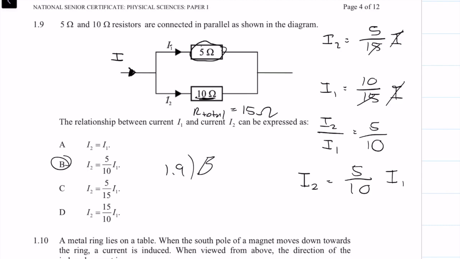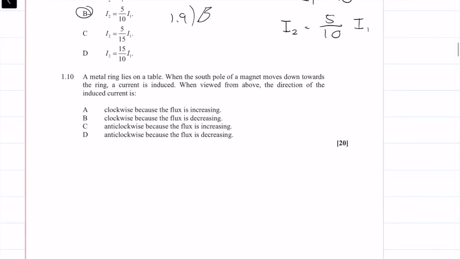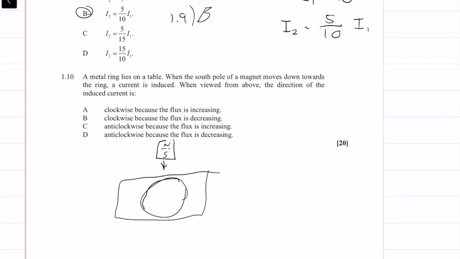Okay, then question 1.10, a metal ring lies on a table. When the south pole of a magnet moves towards the ring, a current is induced. So we have south and north, and south moves towards the ring. Okay, so this is my table, by the way, and this is my metal ring.